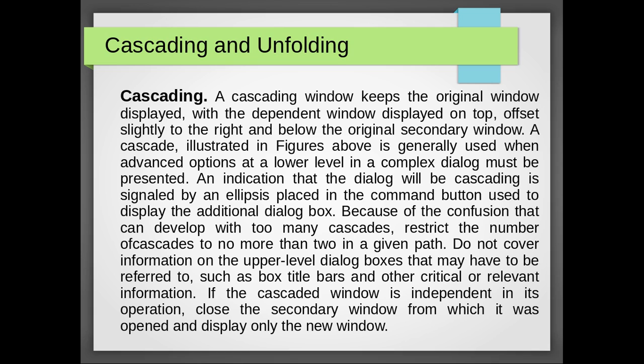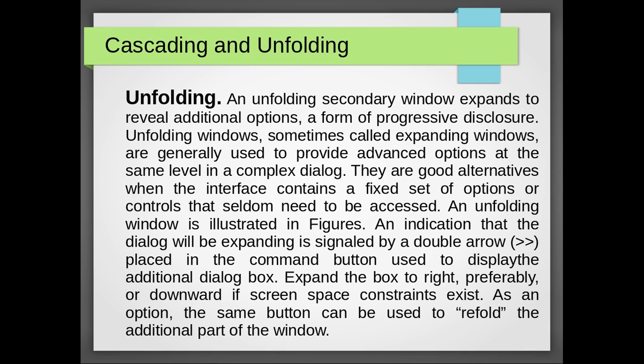Because of the confusion that can develop with too many cascades, restrict the number of cascades to no more than 2 in a given path. Do not cover information on the upper level dialog boxes that may have to be referred to, such as box title bars and other critical or relevant information. If the cascaded window is independent in its operation, close the secondary window from which it was opened and display the new window.